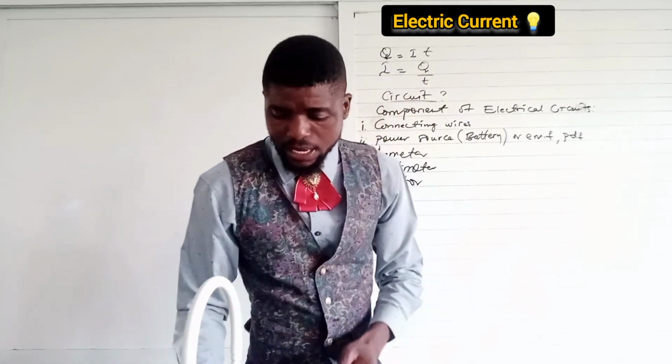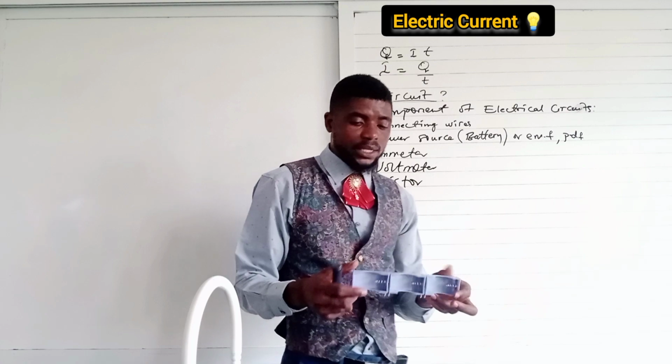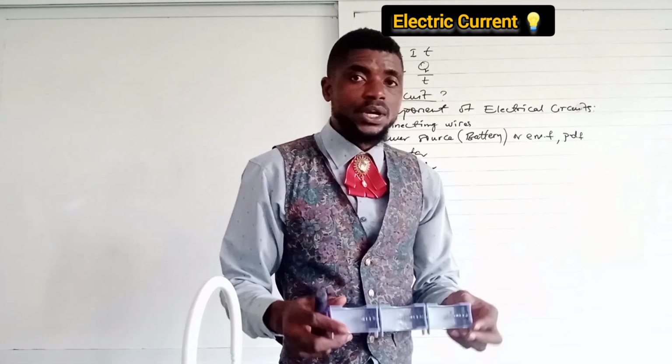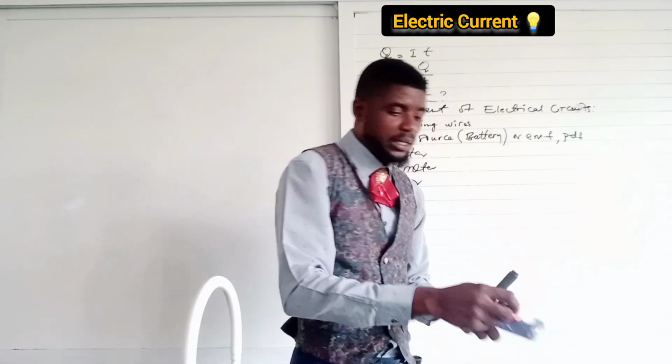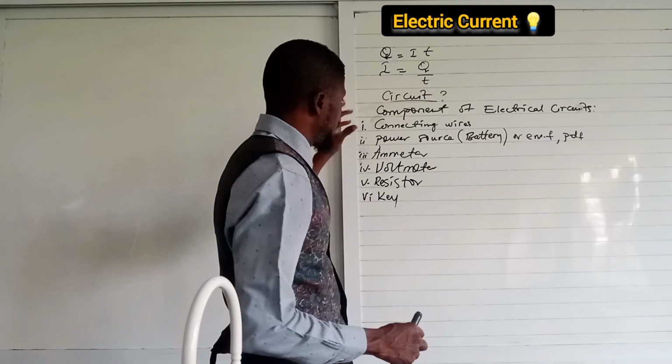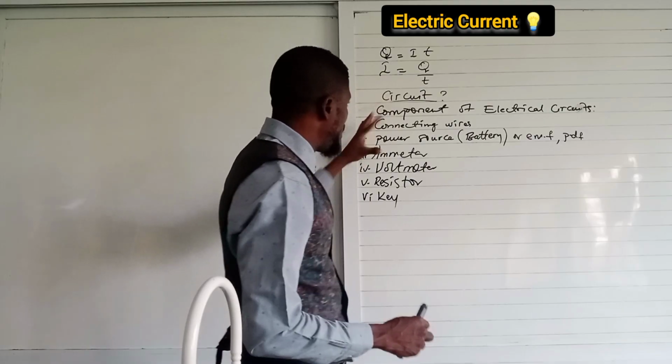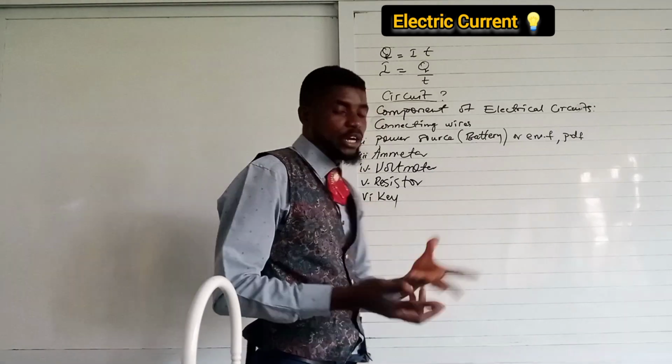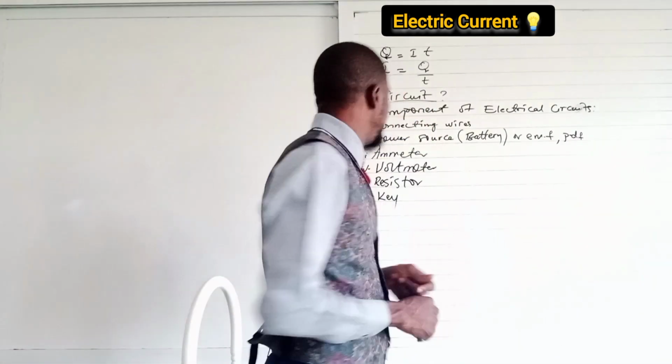And this one is an additional component called the battery rack, where we slot in the batteries for the connections. So these are the various common components that come together to make up an electrical circuit.